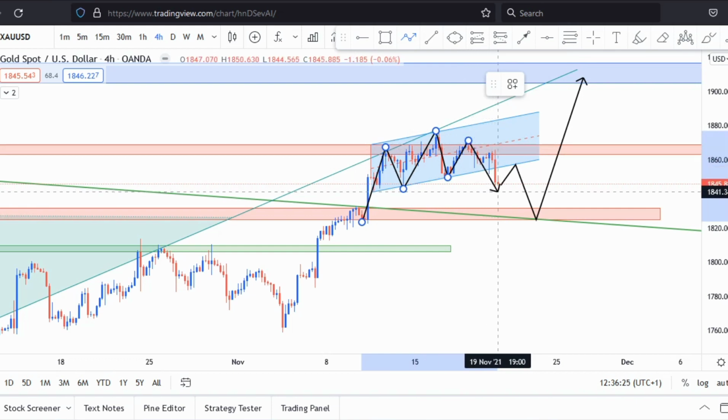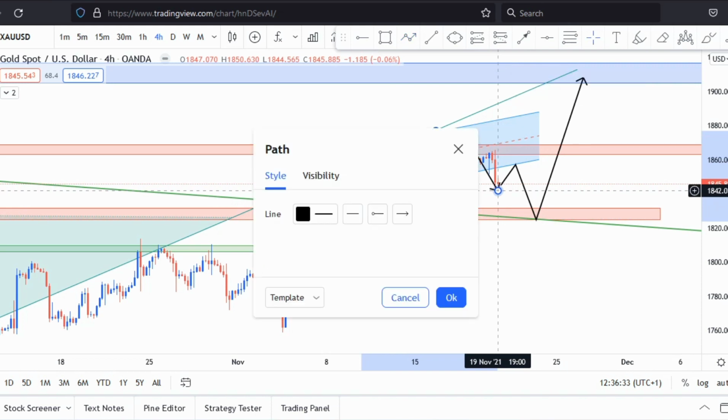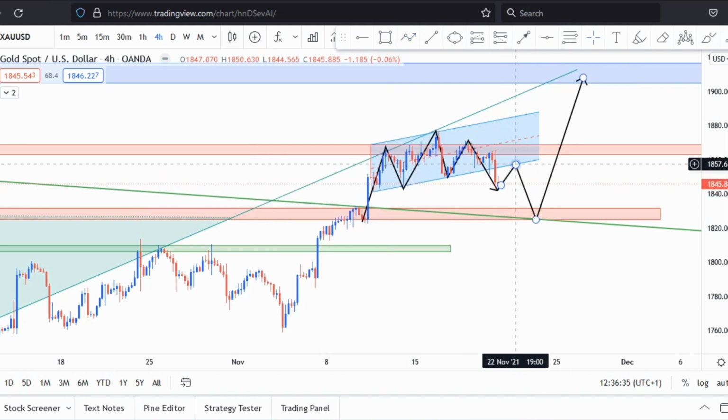So this lower low could end here, or it could just go all the way down here before bouncing to the top. So if it ends here, then I'm expecting price to maybe retrace a little bit, forming a lower high, and then down to this level here before we look for our buy opportunities.